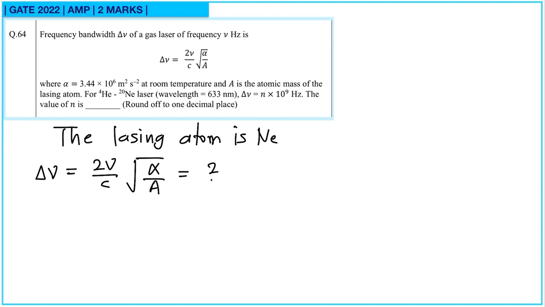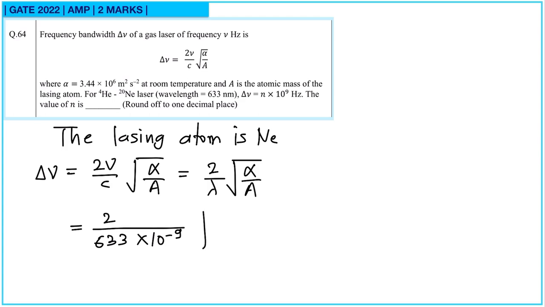Now c by ν is λ, so 2 by λ √(α/A). So this is equal to 2 upon λ, which is 633 × 10^-9, √(α is 3.44 × 10^6 upon A), that is for neon, which is 20.